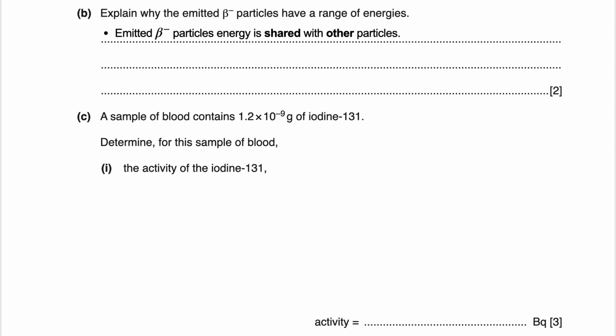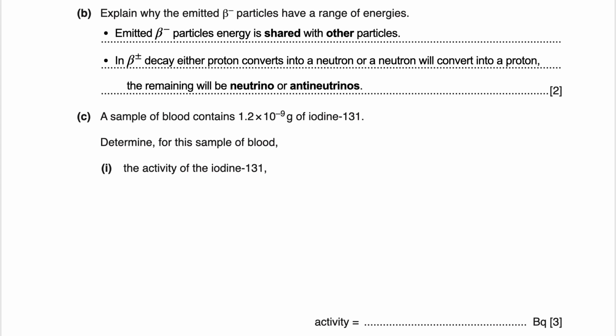Literally, this beta is considered to be an electron, but it is not a normal electron living in the orbitals. It comes from a proton or neutron, converted to an electron after emitting some particles or some energy. What are these particles called? Neutrinos or antineutrinos.